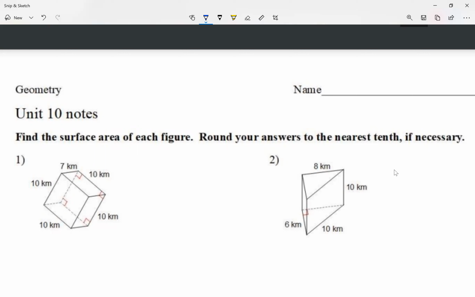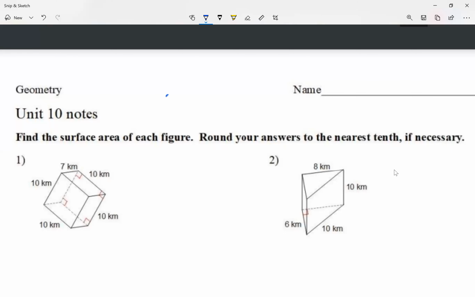Let me say that again: a prism has two bases, one on top, one on the bottom, and then the rest are rectangles. The bases on the top and the bottom are equal, and they can be whatever shape we can think of: a triangle, a parallelogram, a trapezoid, anything. Even circles. When we get that, we have what we call a cylinder.